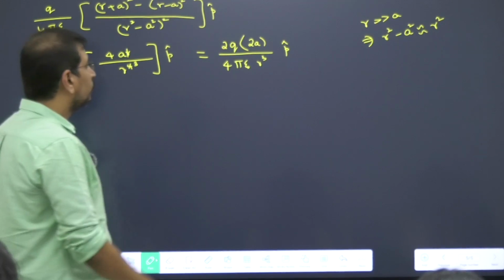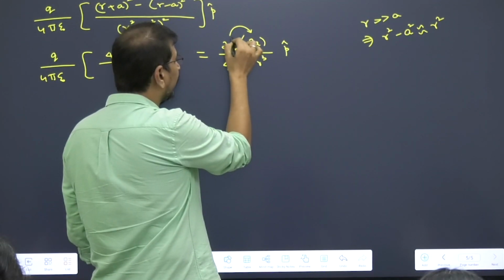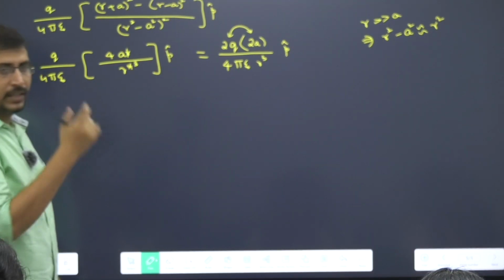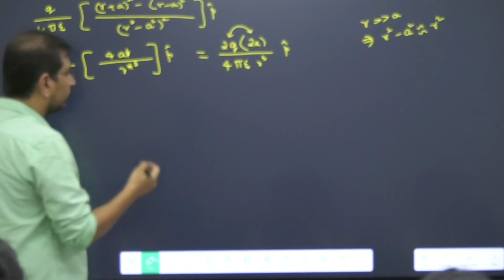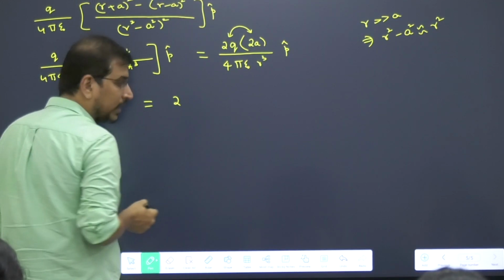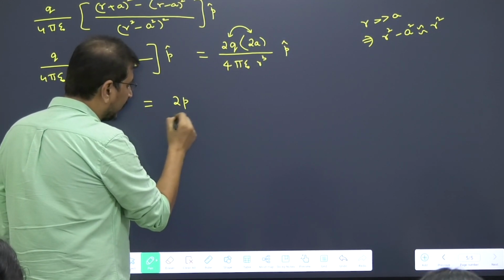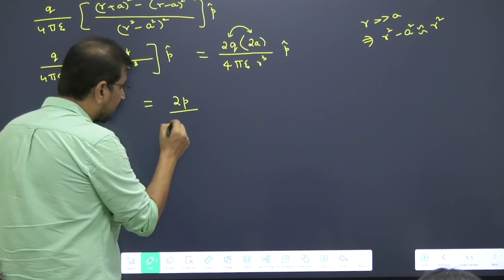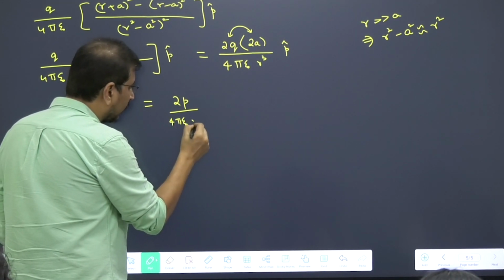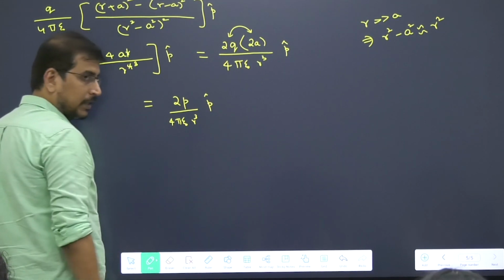Can I write it like this? Right. So this q into 2a is going to give us what? We can condense and write it as another value. What is it? It is called the dipole moment. So I will write this as 2 times the dipole moment divided by 4 pi epsilon naught r cube times p cap.